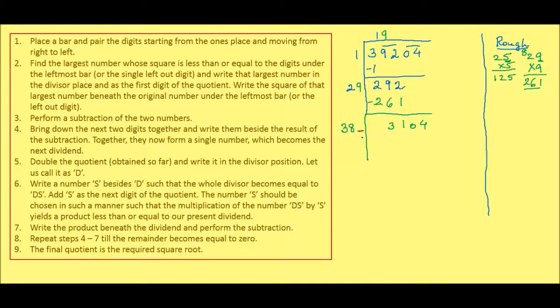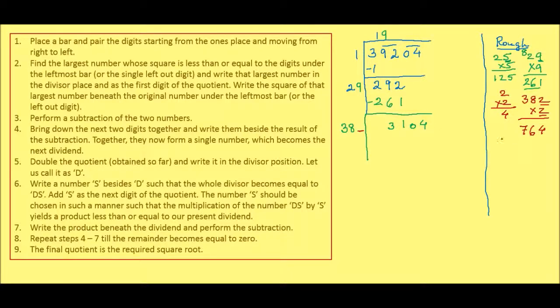So what digit when multiplied with itself gives us a product whose ones place is a 4? You see, 2 multiplied with 2 gives us a product of 4. But if we take the number as 382, we have to multiply it by 2 because 2 is the S. And if we multiply 382 by 2, we get the product as 764, which is quite small as compared to 3104.